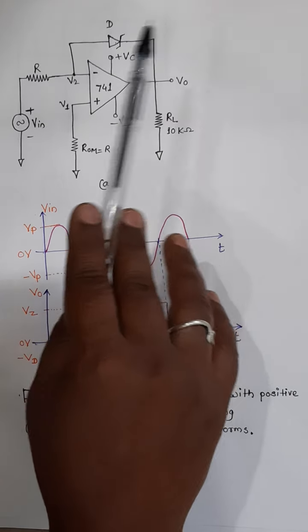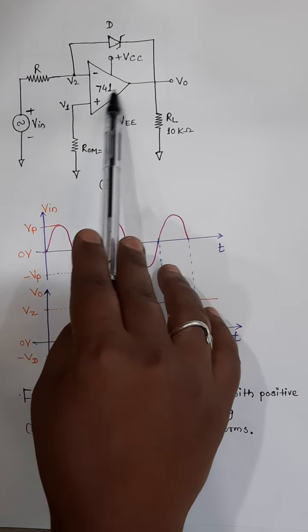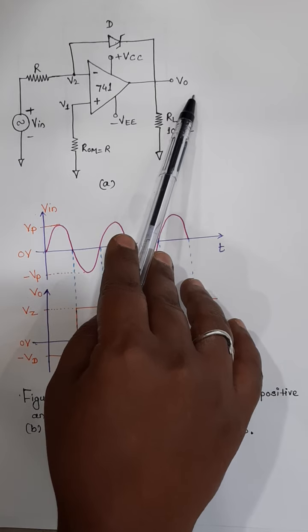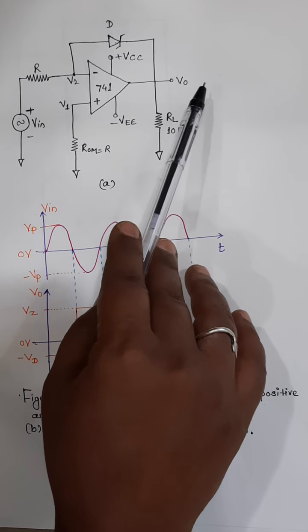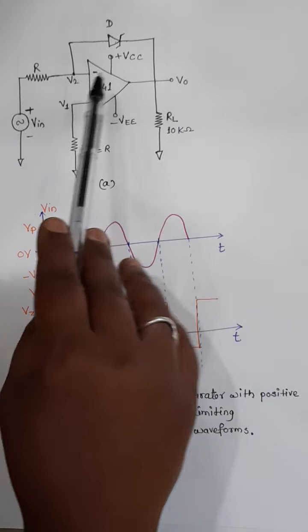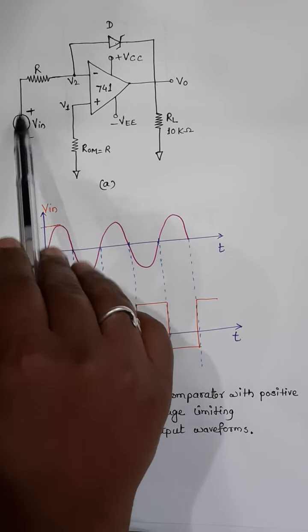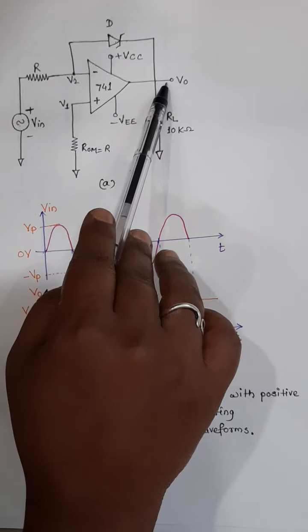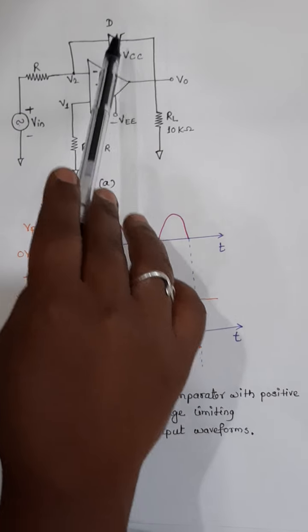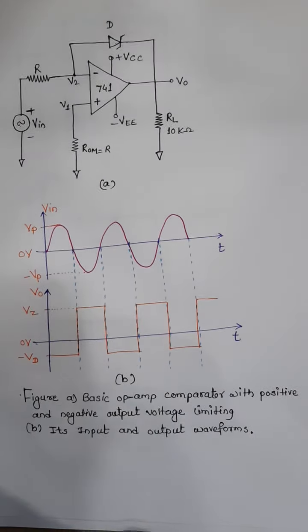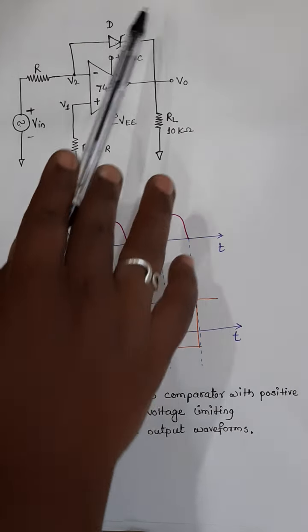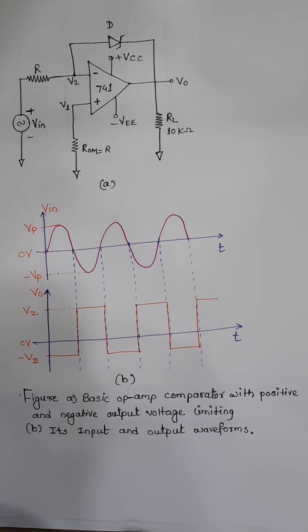But what should be the amount that we get at the output? We know that point V2 is at virtual ground. So input will appear across R, and output voltage is nothing but the voltage appearing across the diode. So the voltage across the diode is VD, or 0.7 volt.